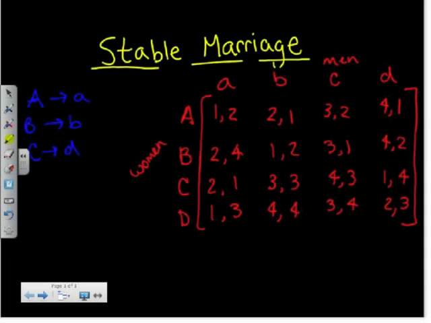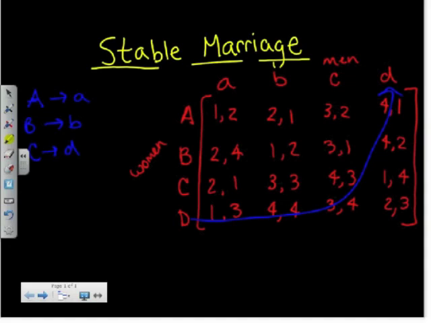Then the third step is to repeat this until no woman is rejected. So we go to step 1 again, which says that any woman that was rejected in the previous round proposes to her next favorite man that she hasn't been rejected from. That means C is going to propose to her second favorite, and D is going to propose to her second favorite, which is lowercase d.